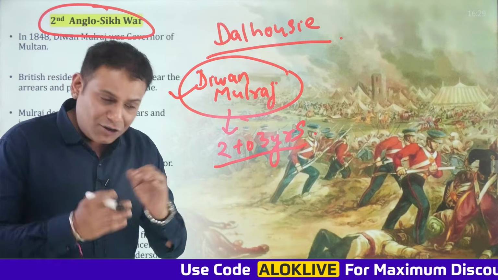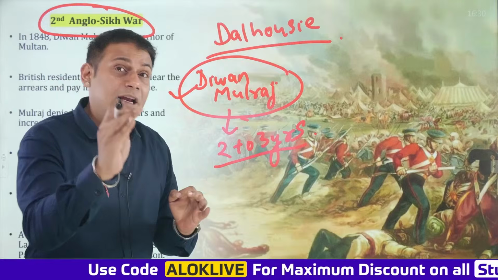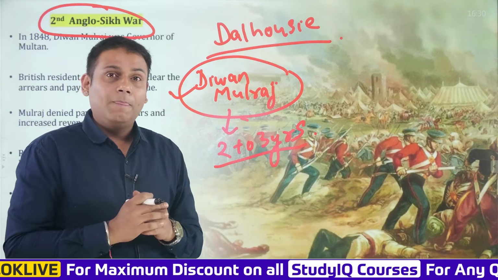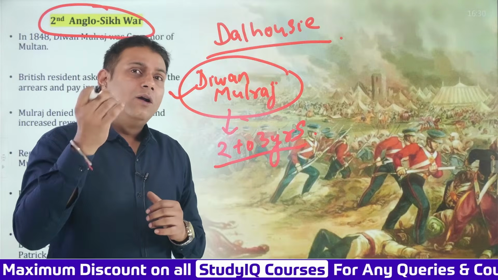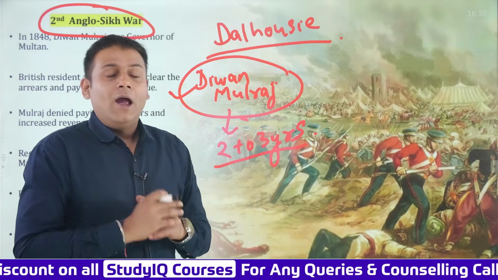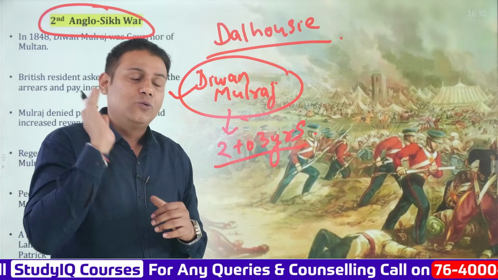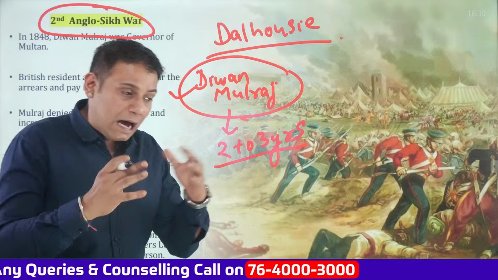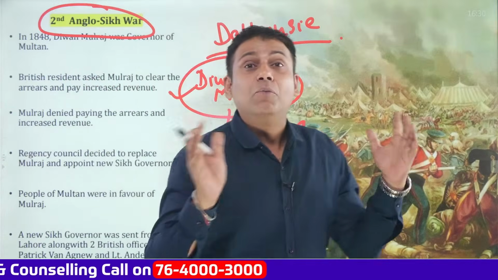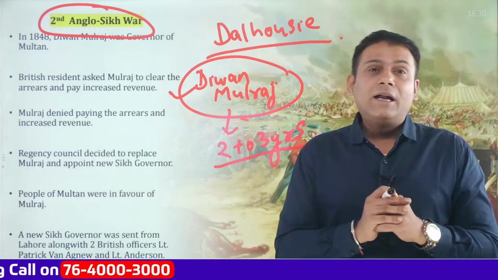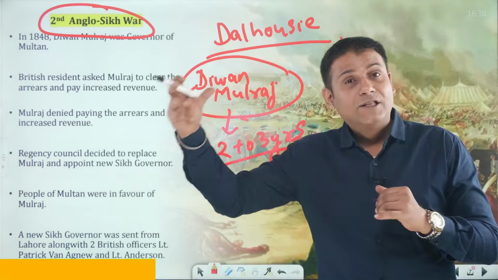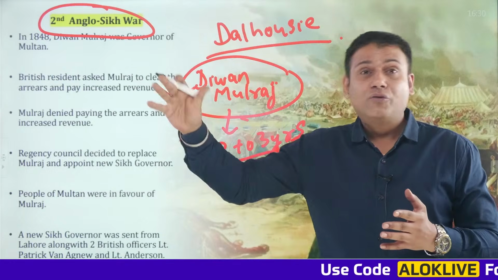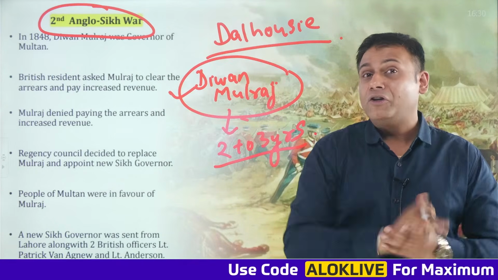So the English East India Company thought it necessary to replace Diwan Mool Raj as governor of Multan, and a new governor was chosen. Since Diwan Mool Raj had garnered the support of the people of Multan, if the new governor were dispatched directly, he would probably be overthrown by Diwan Mool Raj and his supporters.